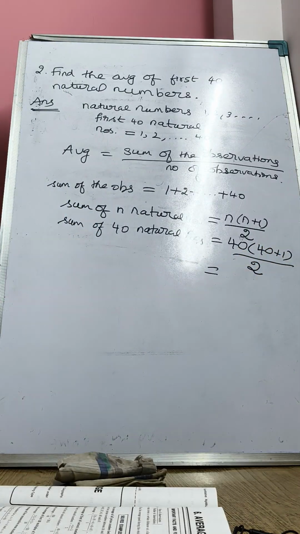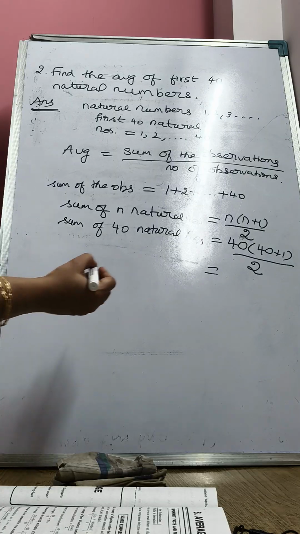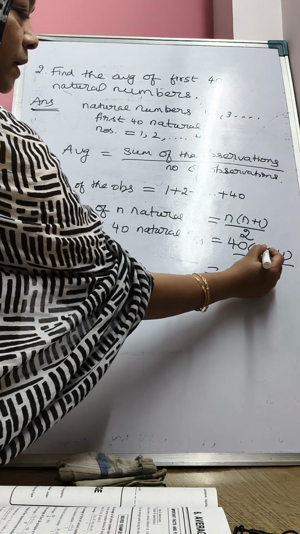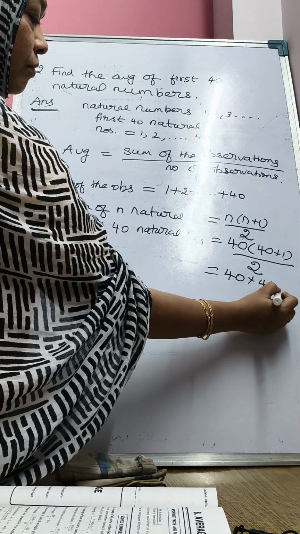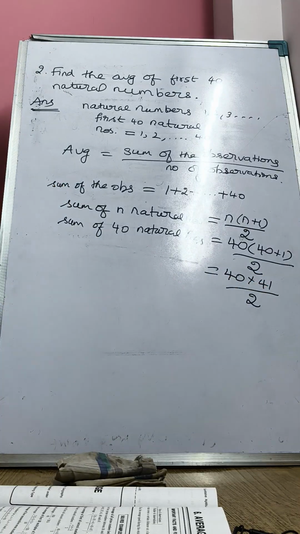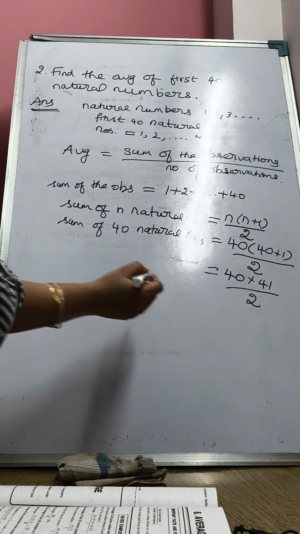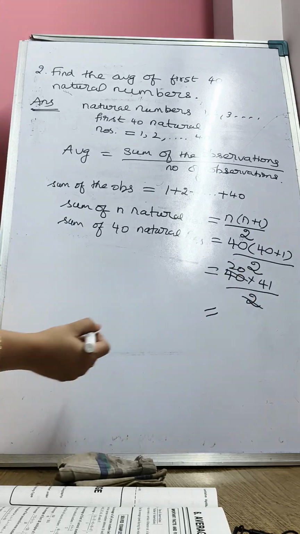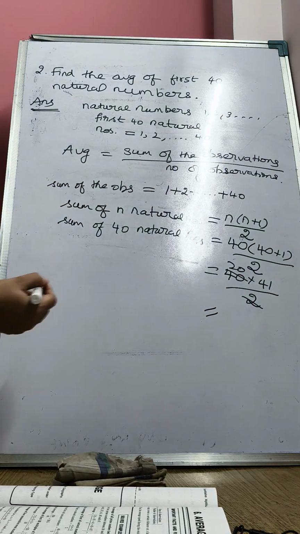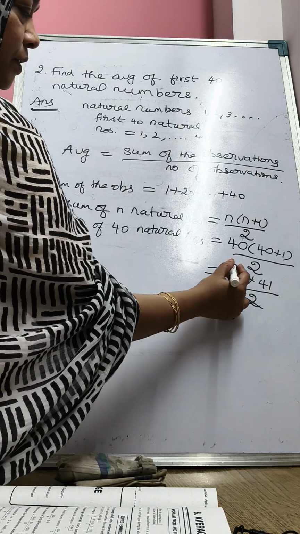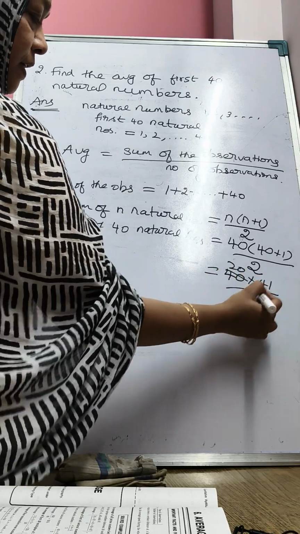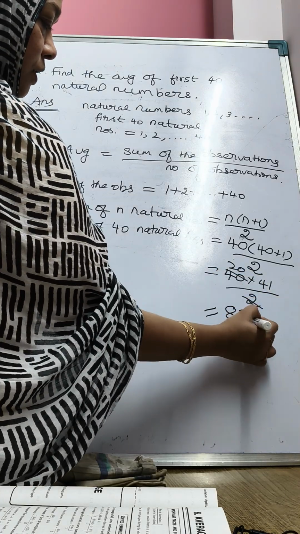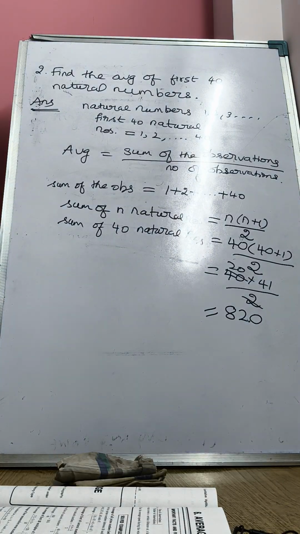What is this equal to? 40 into 41 by 2. So 2 and 40 get cancelled, which is equal to 20. And 20 into 41: 2 4s are 8, 2 1s are 2, 0. 820.